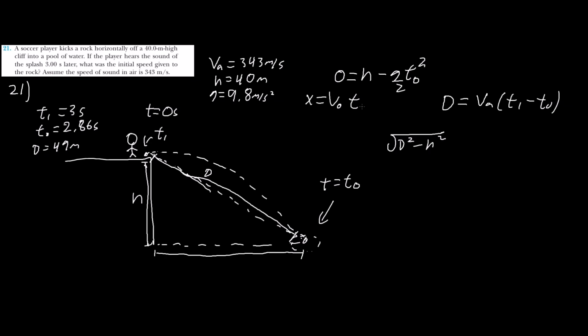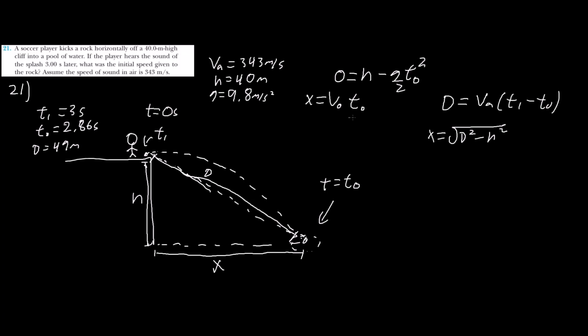Now we already found what x is, so let's find the time it takes for the ball to hit the ground, which is t naught, 2.86 seconds.